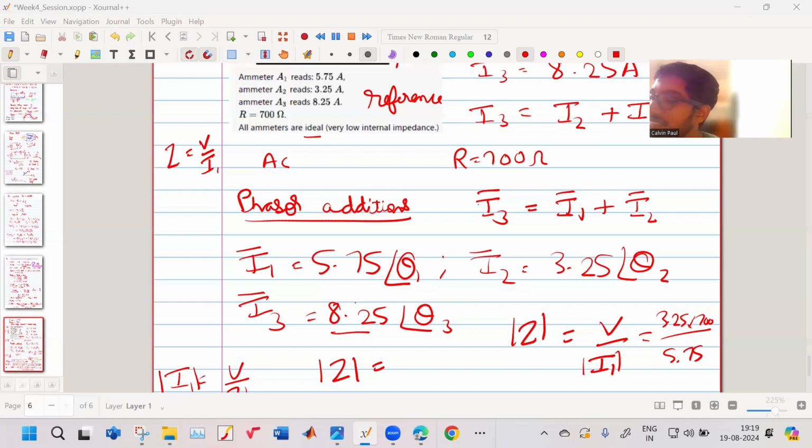Okay, it comes out to be 395.652 ohms. All right.